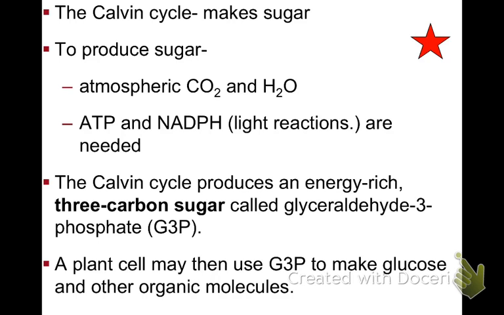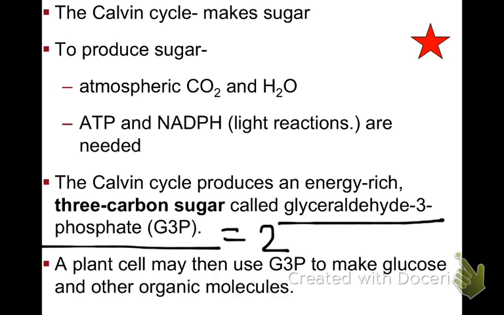Now the Calvin cycle technically does not produce glucose. What it does produce is G3P, glyceraldehyde 3-phosphate. If I have 2 glyceraldehyde 3-phosphate, each a 3-carbon molecule, I can put them together to give me 1 glucose.